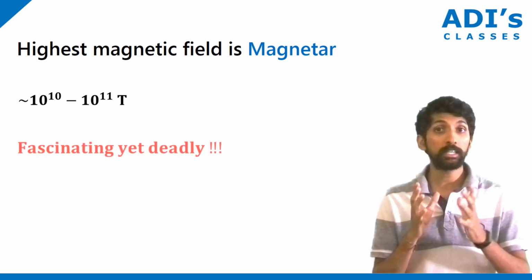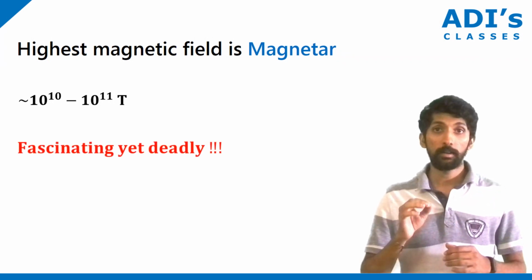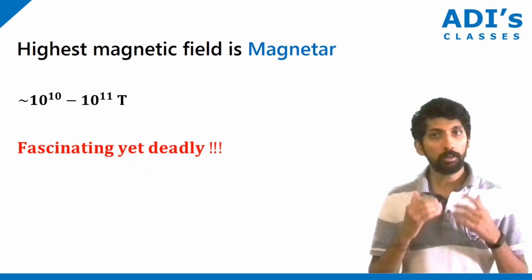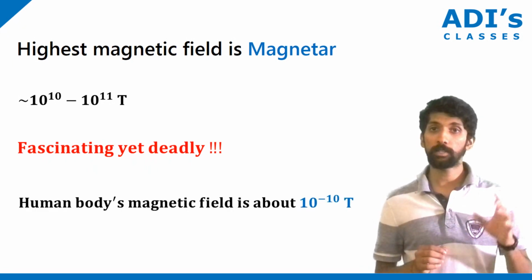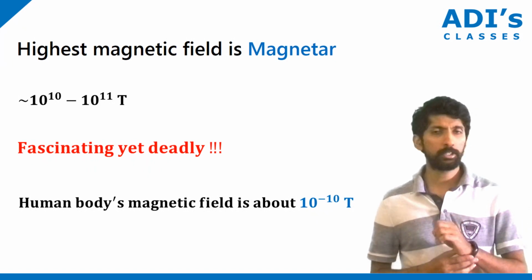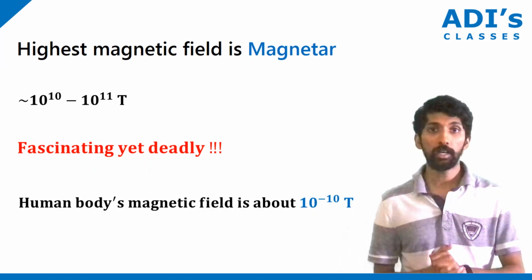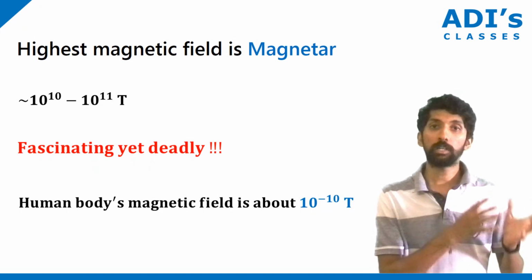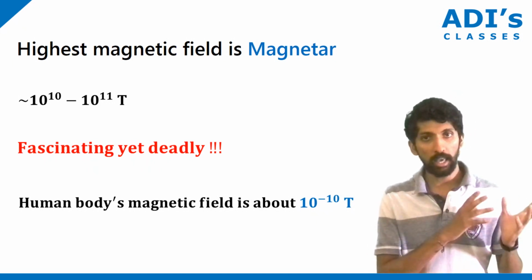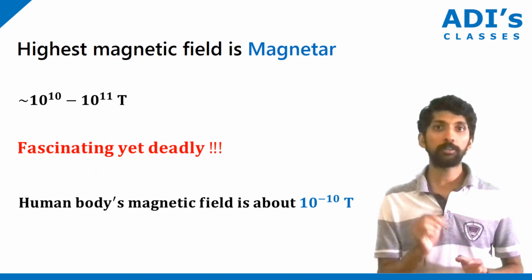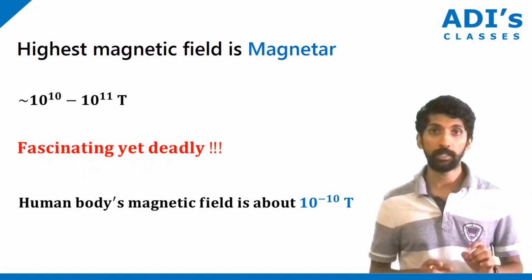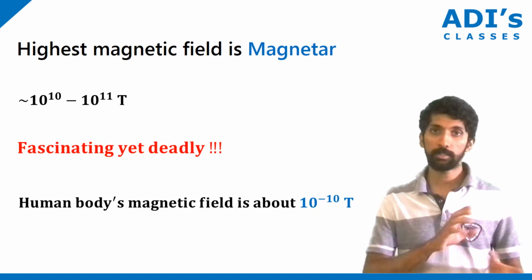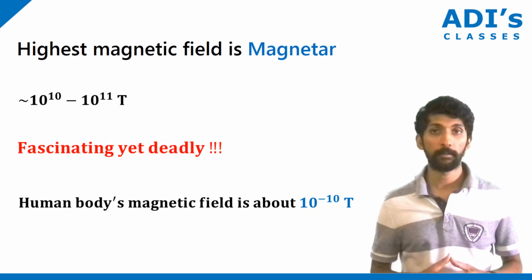So this is how magnetic fields are. Our human body also has a magnetic field of about 10 to the power of minus 10 Tesla, which is very, very less. Almost everything has a very minute magnetic field. Even interstellar space has a magnetic field, which is even lesser, around 10 to the power of minus 12 Tesla.